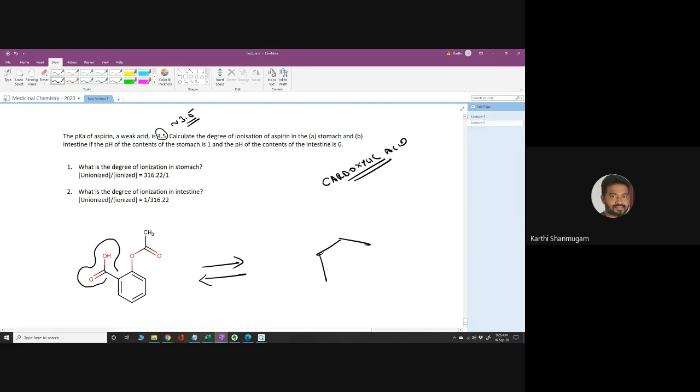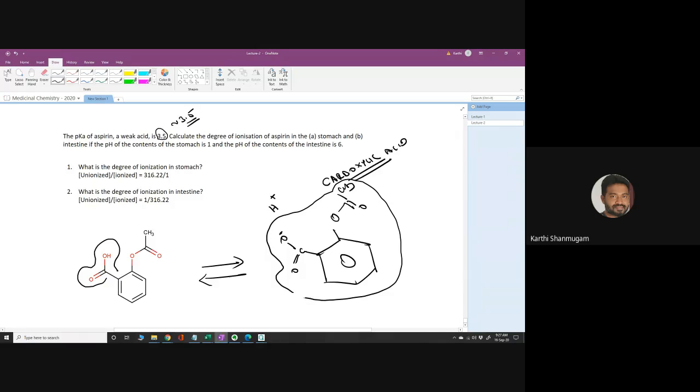In this molecule, you will have a double-bonded O here and CH3 here. There won't be any change in this position. But in this position you have COOH, C double bond O, so this hydrogen will be cleaved. You'll get O minus and H plus. So now can we call this aspirin in its ionized form?